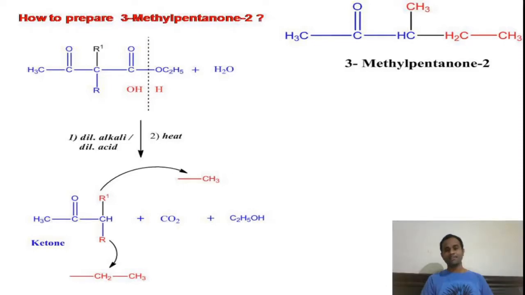Once again, I am reminding you, the product formed is dialkyl substituted acetone. And if you compare this product with 3-methyl 2-pentanone, we have to replace one alkyl group with the methyl group and another alkyl group with the ethyl group.